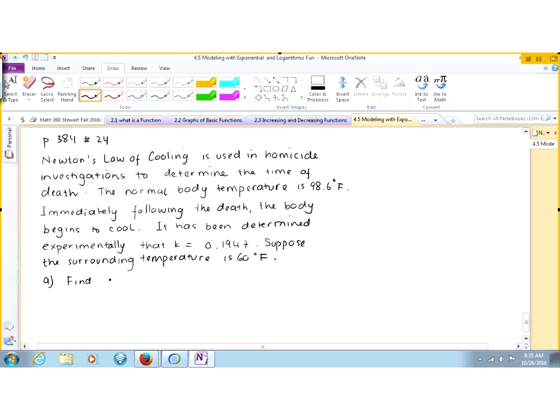Part A: find a function P of T that models the temperature T hours after death. I think you guys know, because everything is given.